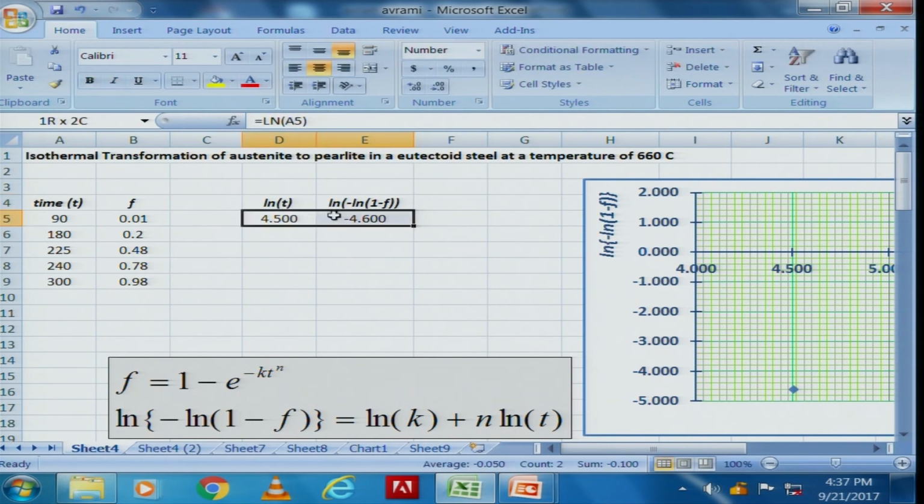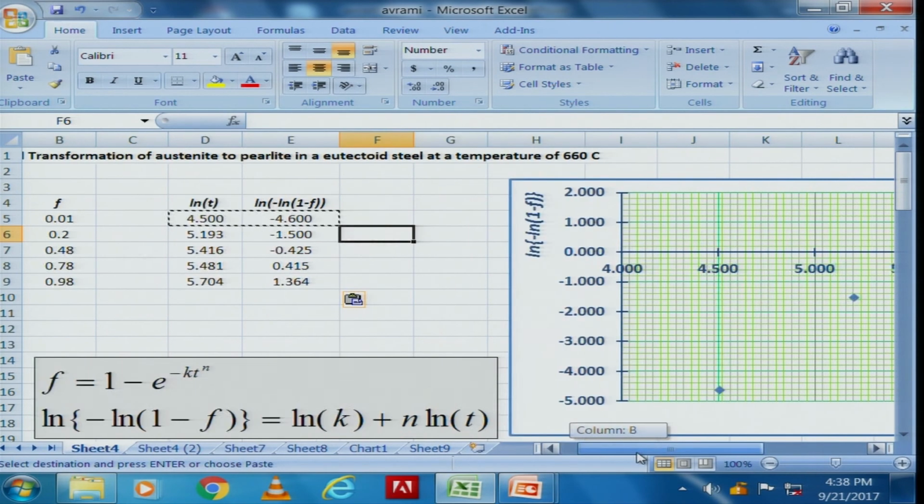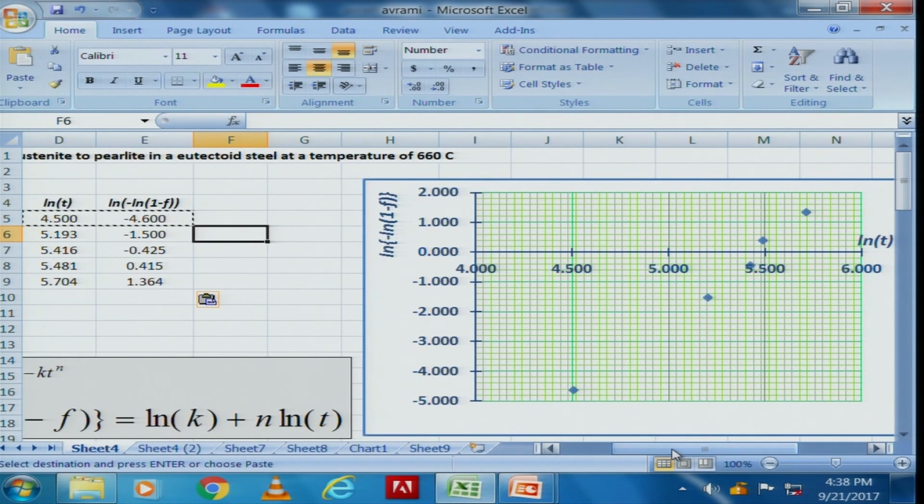Now, copy these 2 formulae downwards and calculate for each of these experimental data points. I get a set of values for log t and log of minus log of 1 minus f. Now, this here will show me the result if I plot this data.